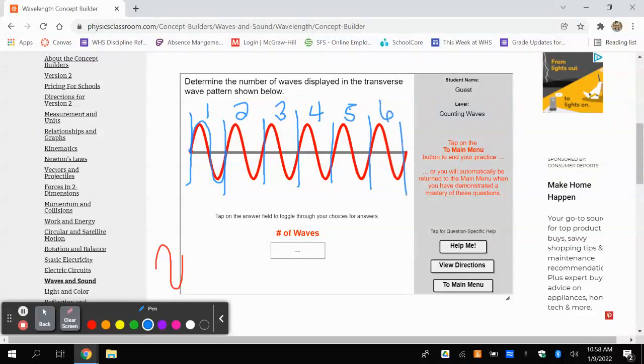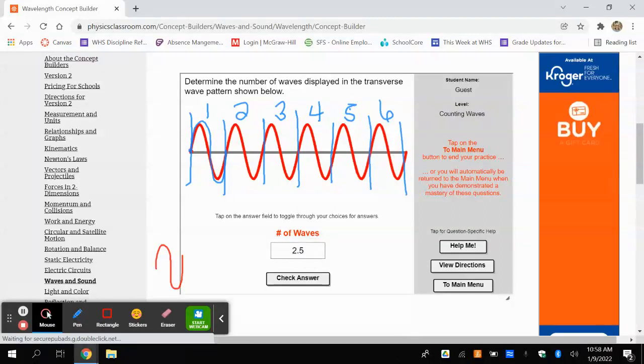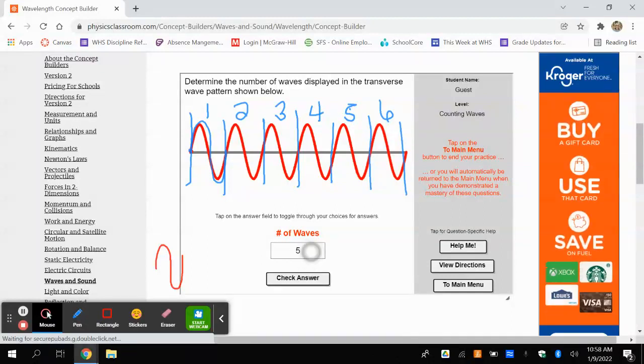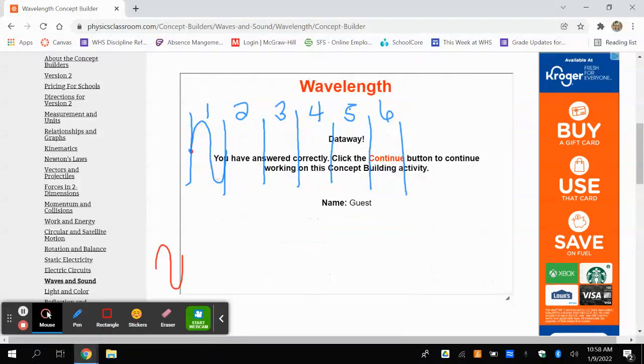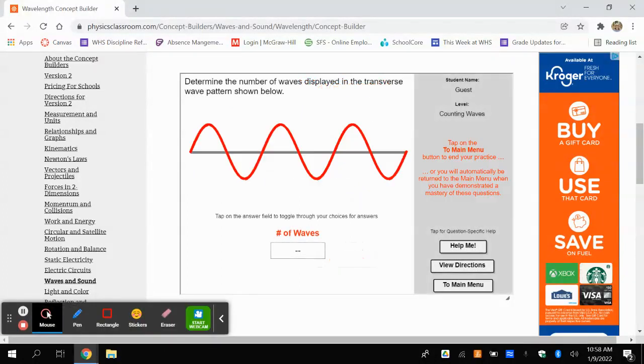So remember, an up and a down, a crest and a trough counts for one wave. So in this example, we have 1, 2, 3, 4, 5, 6 waves. So we're going to enter in here 6 waves. Good. Let me clear my screen here before we move on.